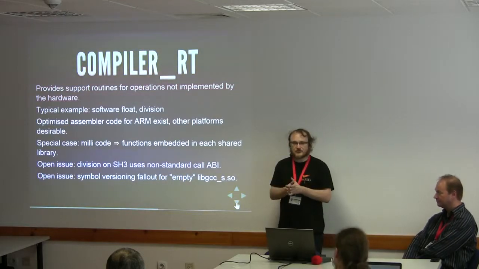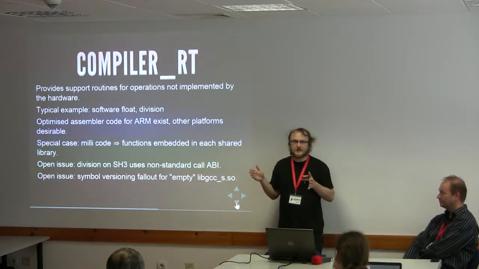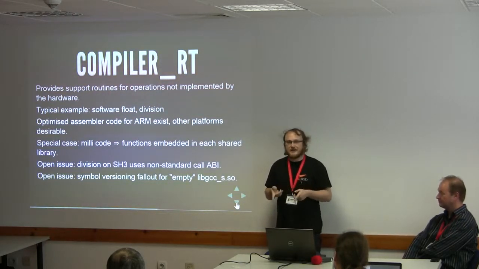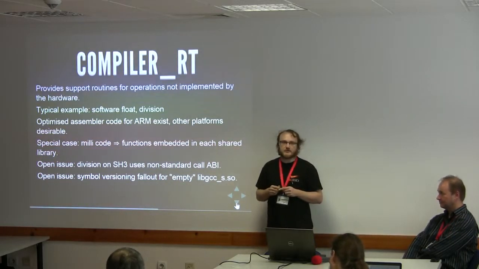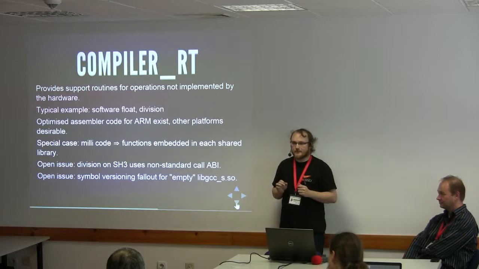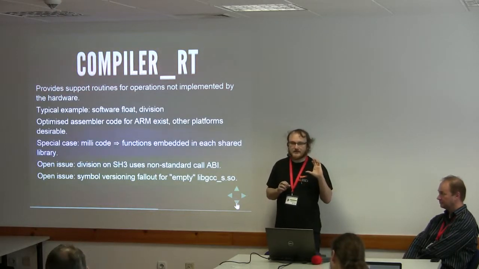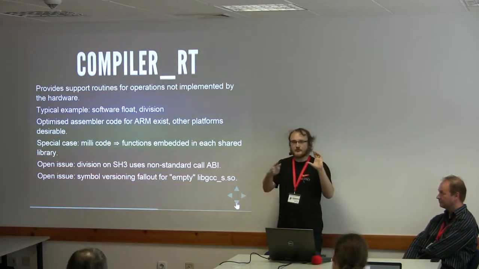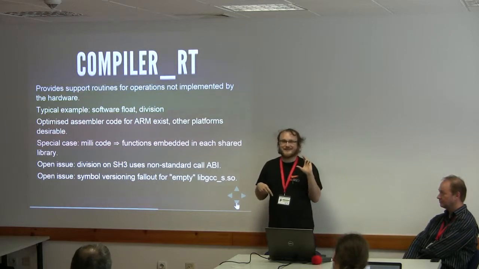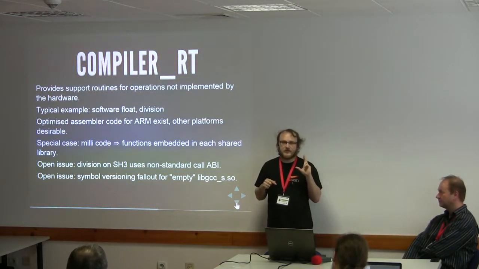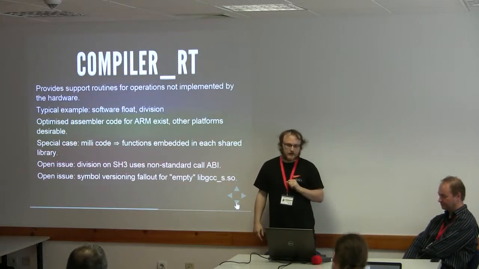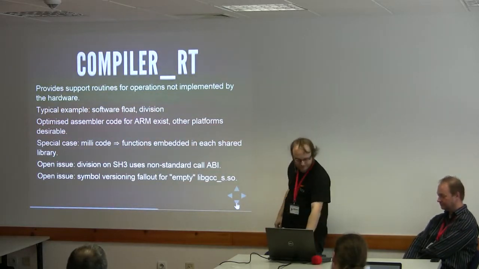So you can't just create an empty shared library, because everything that tries to link against it will now fail. So what we are likely going to do is use indirect function support, which basically means the dynamic linker calls a function to tell what the real address it should be using in the GOT or PLT is. But that still has to be written.